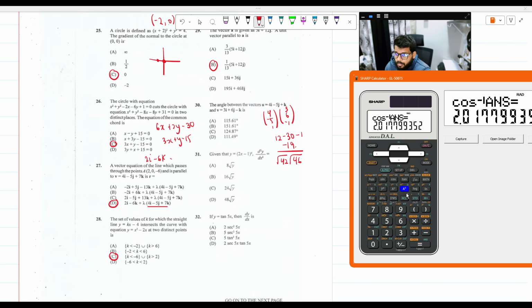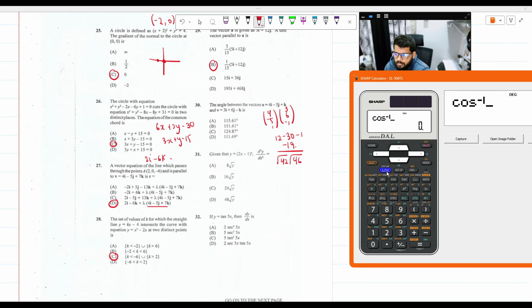I am currently in radians, so I'm going to go back into degrees. Minus 19 divided by root 42, and I divide them by root 46.